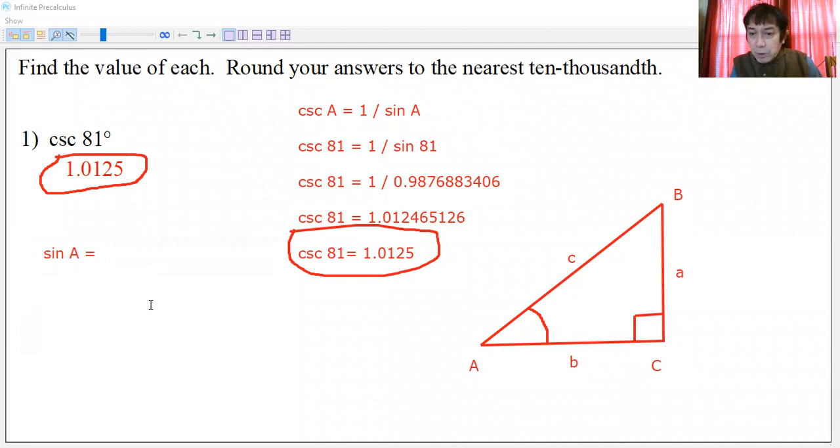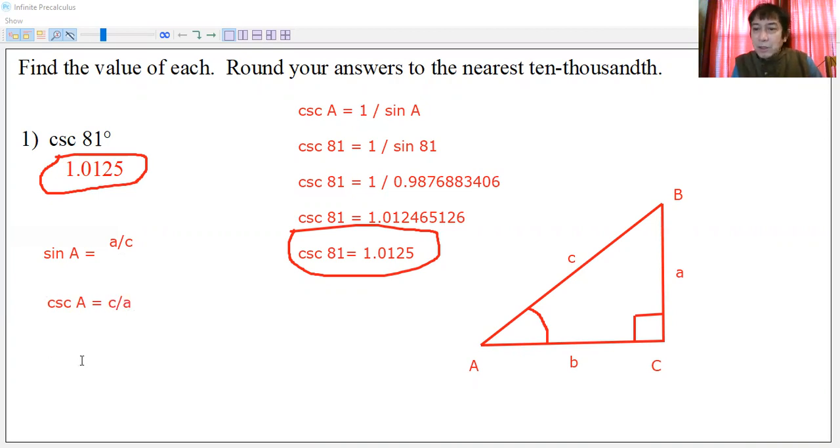Sine A is a over c. This is for sine. Now cosecant is the reciprocal of this. So we have cosecant of A, which will be c over a.